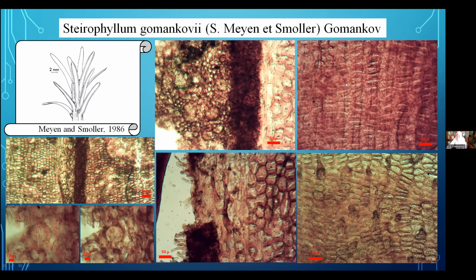The reason for this is that cutin was secreted not only by the upper periclinal walls of the epidermal cells, but also by their radial and even lower periclinal walls. So the radial walls seem to be very thick, and cutin secreted by the lower walls of epidermal cells penetrated even between hypodermal cells, forming the imprint of the second cell system on the cuticle, which corresponds to the hypodermis.